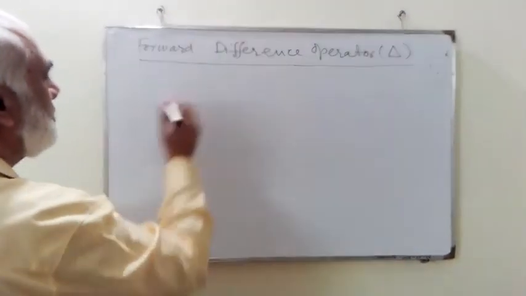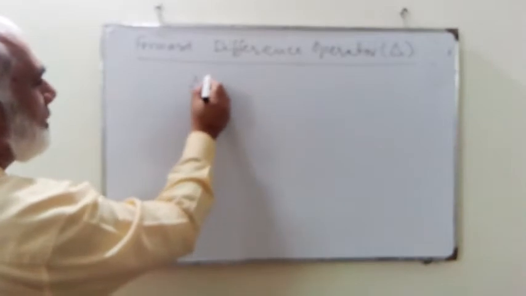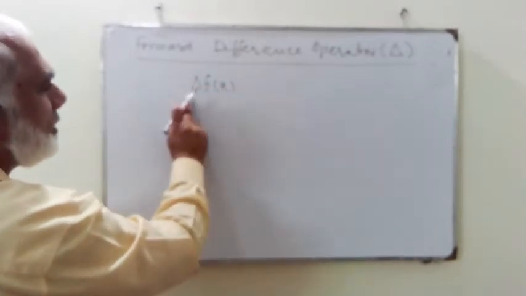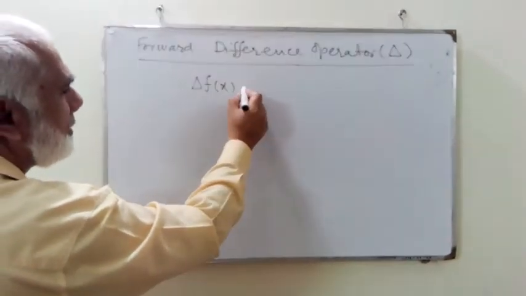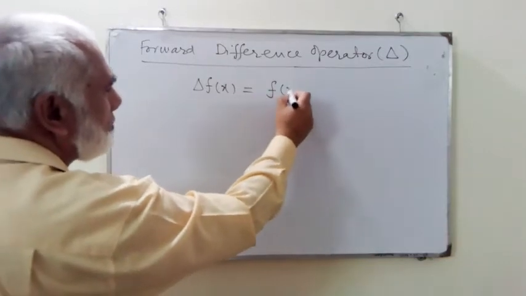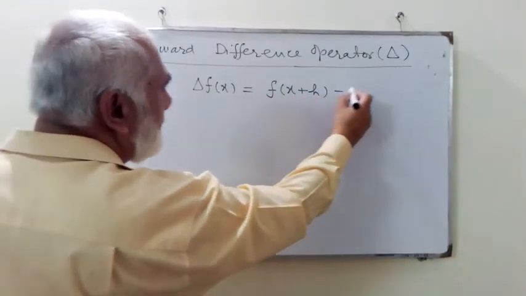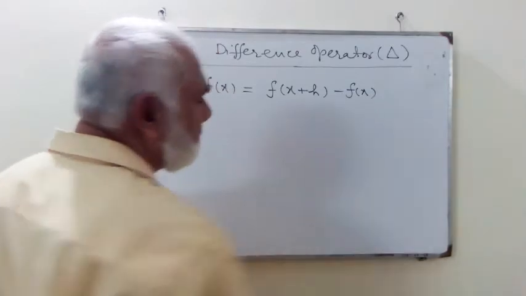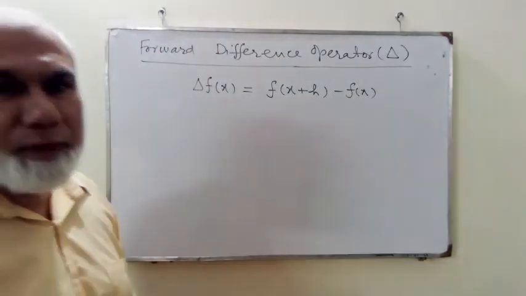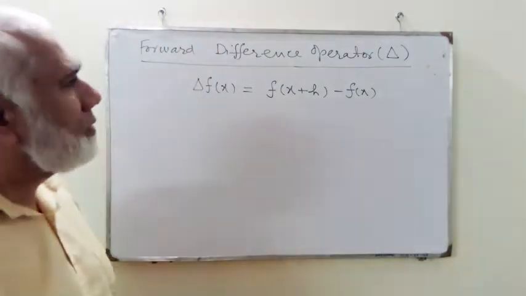whenever you apply this operator over a function, say f(x) is the function, and you are applying the forward difference operator, it takes the function to the next level minus the original function. This is the definition of the forward difference operator.